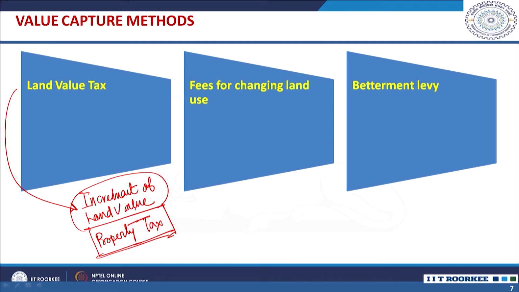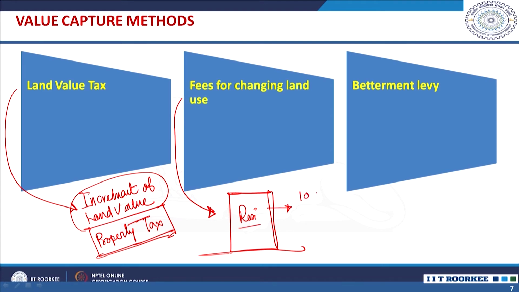Second is the fees for changing of the land use. Suppose some land parcel is prescribed as per your land use plan or land use development and control plan as residential, and within that plan it is also recommended that there could be 10% of other mixing of land use.